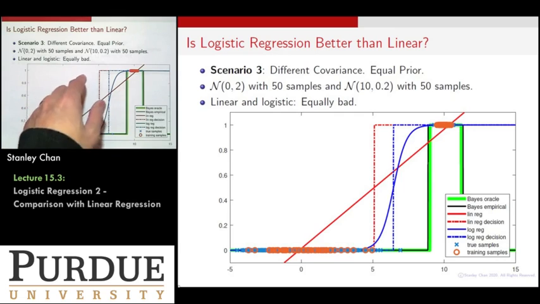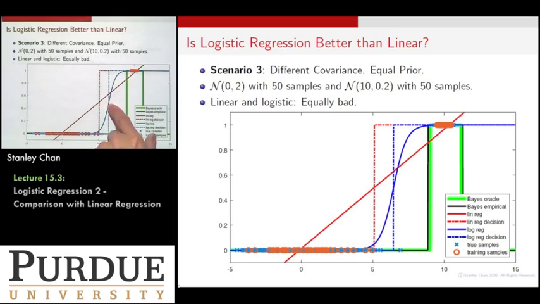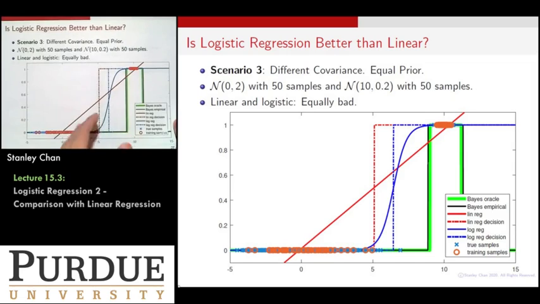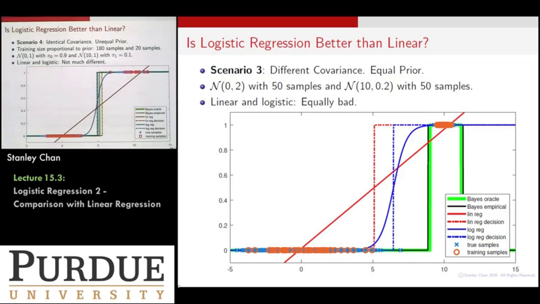When you look at the decision boundary, I wouldn't say that this logistic regression model is significantly better than the linear regression model because they both cannot capture this green curve shape, which is a quadratic behavior. So I would say that they're equally bad. They're fundamentally first-order methods. How can you handle second-order properties? So there is no advantage from this perspective of handling higher-order issues.